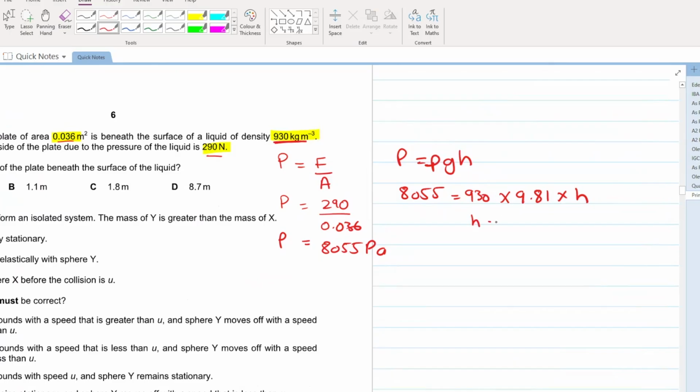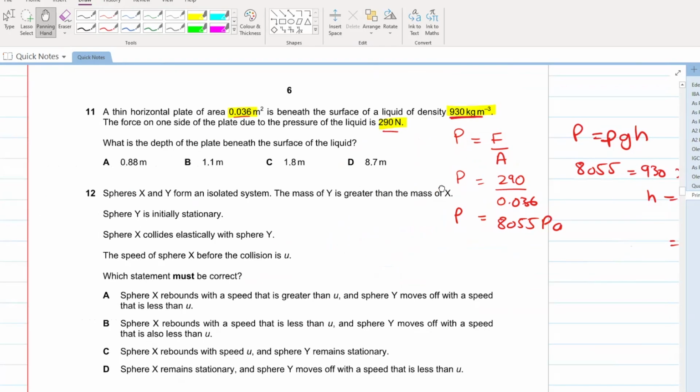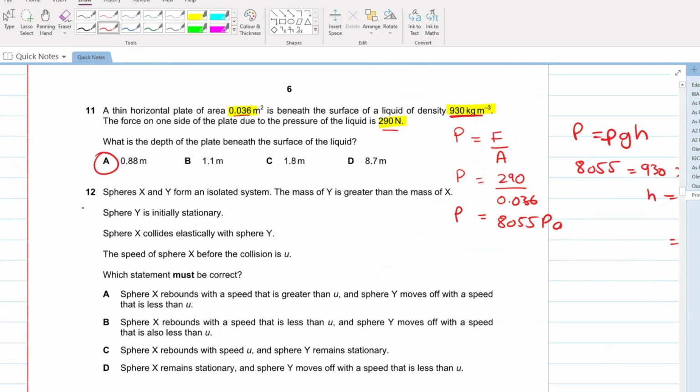What will your height or depth come out to be? 8055 divided by 930 into 9.81. बेटा इस आंसर को कैलकुलेट कर सकते हो? जी बिल्कुल कर सकते हो. Your answer comes out to be 0.88 meters.